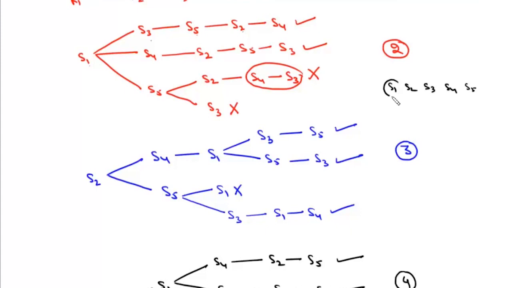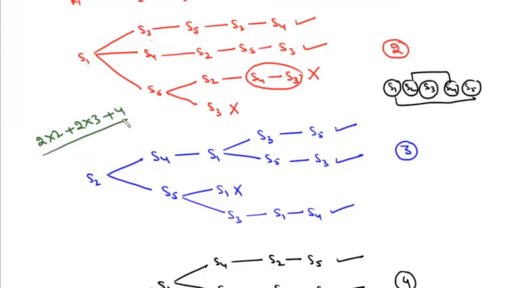Now if we look at S1, S2, S3, S4 and S5, the condition for S1 is the same as the condition for S5, and the condition for S2 is the same as the condition for S4, and S3 has its own condition. So the total number of favorable cases will be 2 into 2 for S1 and S5, plus 2 into 3 for S2 and S4, plus 4, which is for S3, divided by the total number of ways of arranging these 5 students in 5 places, which is simply factorial 5.